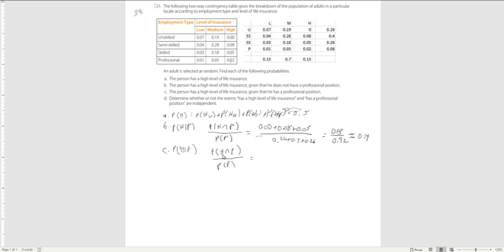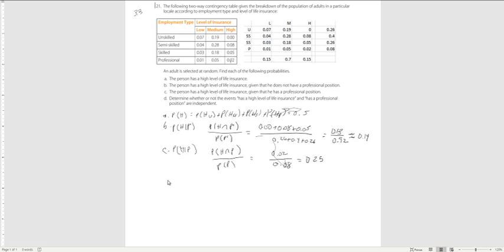So that is the probability of high given professional. The intersection is only that cell there, so this is 0.02. And the probability that the person is professional is the sum across here, 0.08. So this equals 0.2. That should be 0.25, isn't it? Yeah, well, I keep asking myself that. I do that one in my head.